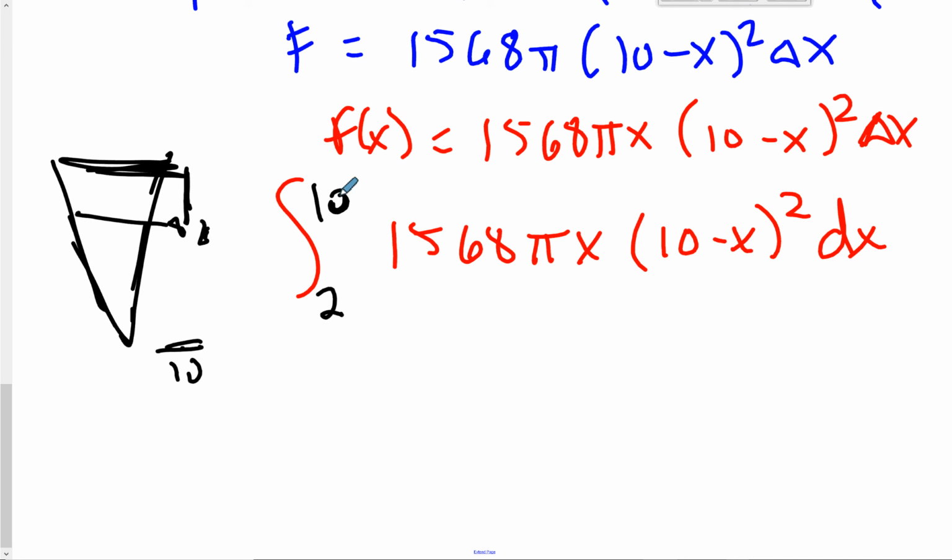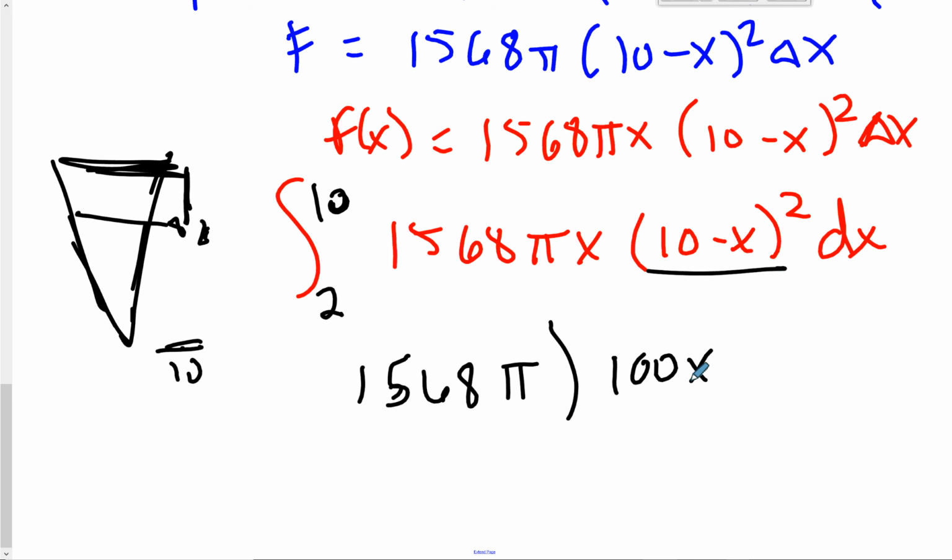All right, so now as we integrate this, we can go ahead and FOIL this out and take out the 1568 pi, and then we can FOIL out this. So 100 minus 20x plus x squared, distribute the x. So then we get 100x minus 20x squared, and then plus x cubed dx.